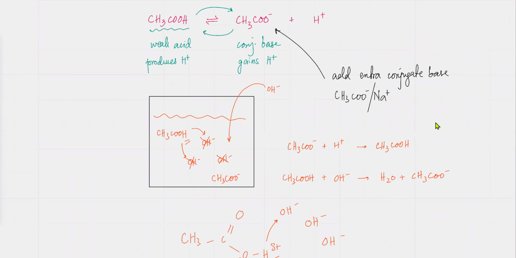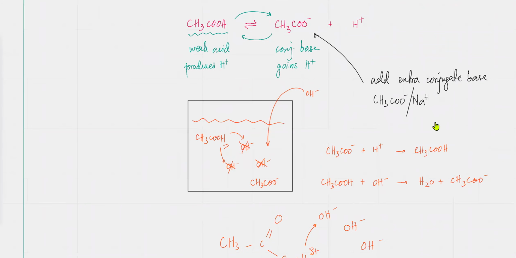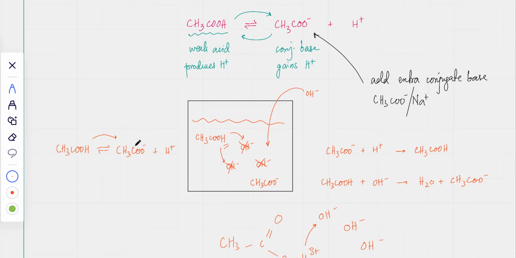This whole thing that's happening is the same equilibrium that's moving forward or backward, like the CH3COO- ionizing. And it's moving forward if H+ decreases. The ethanoic acid would turn into ethanoate if H+ decreases.